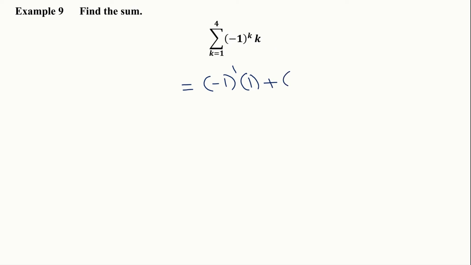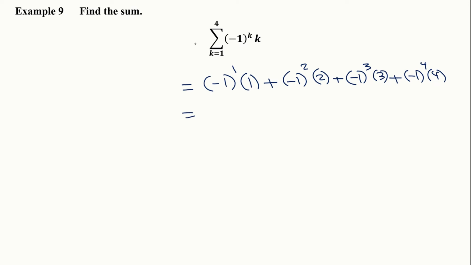So we get quantity negative 1 squared times 2. Both instances of k were replaced with 2. Now we do the same thing for 3, so plus quantity negative 1 to the 3 times 3. And lastly, we use 4, so quantity negative 1 to the 4 times 4.